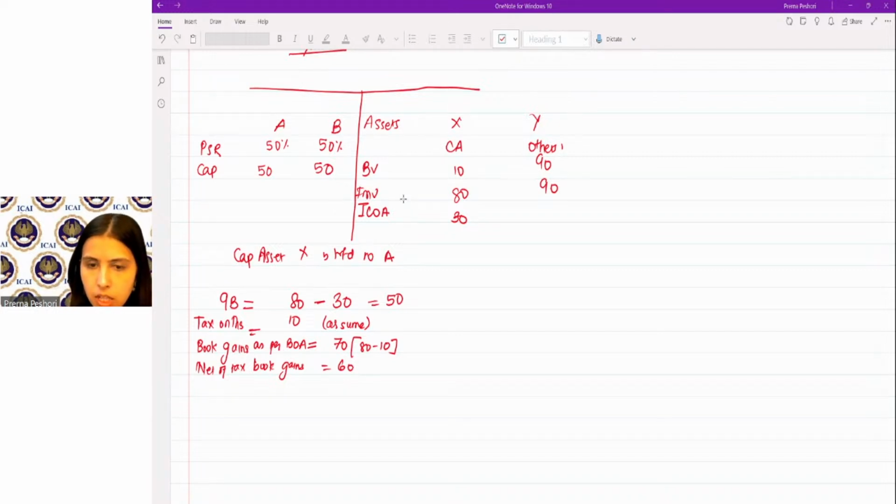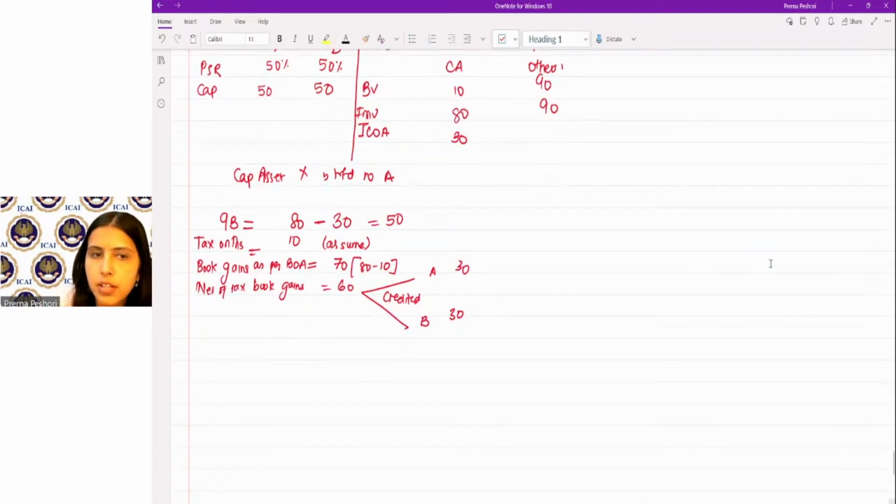Clear? Now, this book gain will be credited to both the partners A and B, 30 and 30. Both are equal in share, right? Clear?